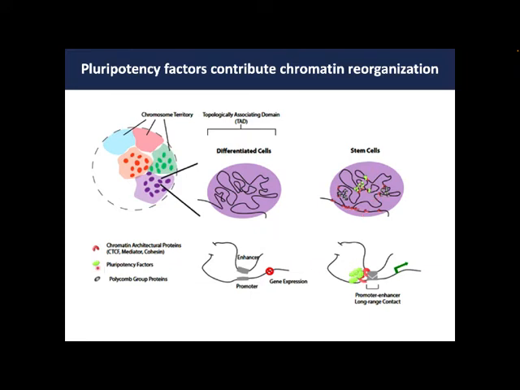So pluripotent factors also contribute to dramatic chromosome reorganization, which makes the cell more naive and primitive, and eventually achieves pluripotency.